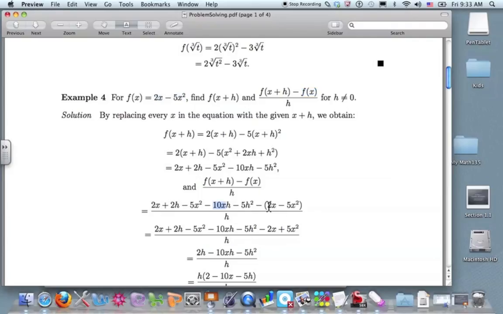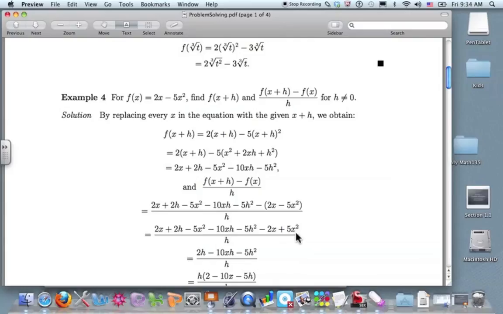Notice that I put a pair of parentheses around this formula. The reason is that here is a negative sign, subtraction. When we subtract, we need to distribute the negative sign into each term. So we have a plus 5x squared.